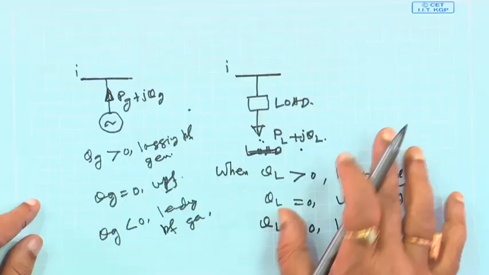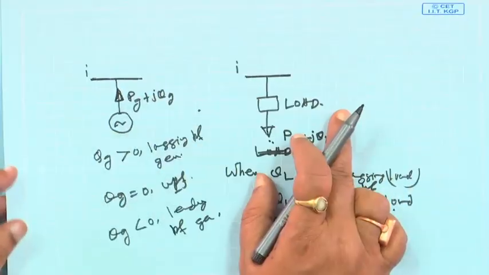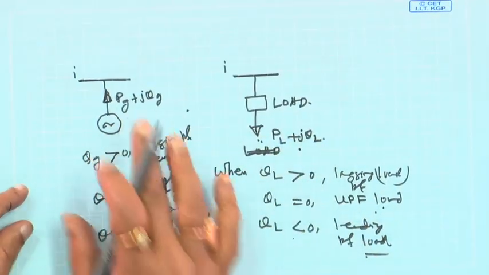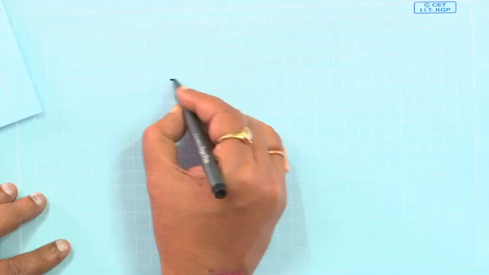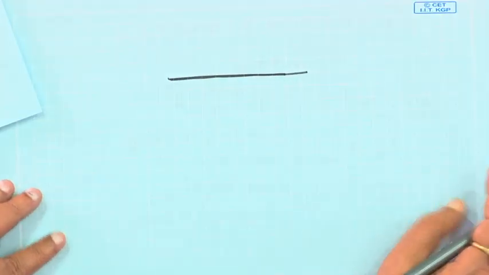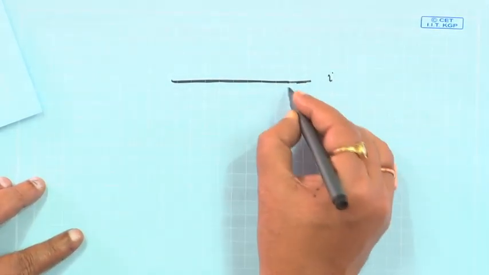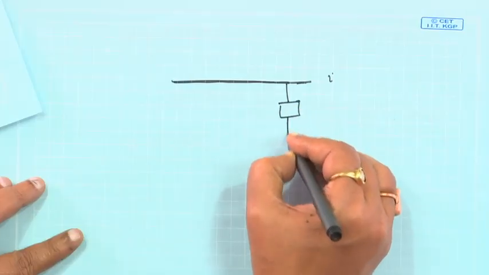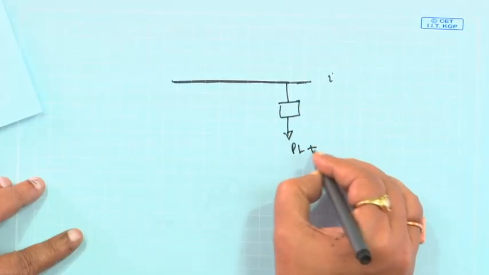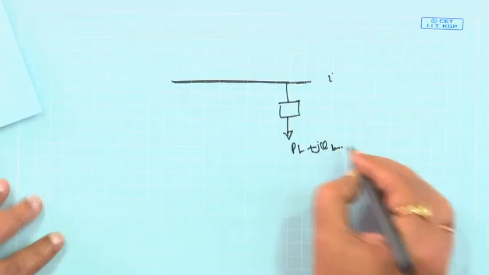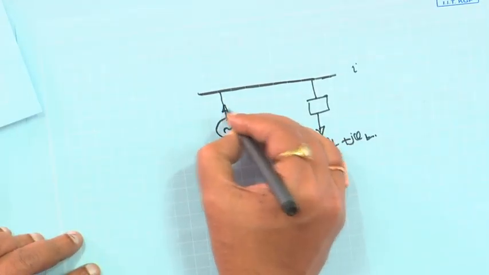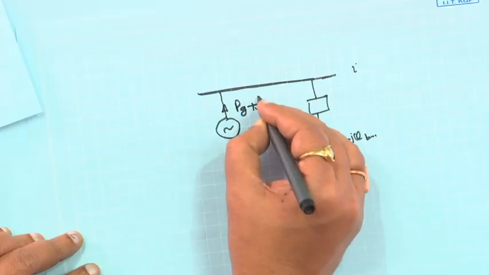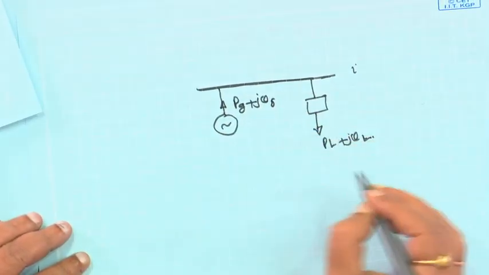Now suppose you have a common node where load and generation both are there. Suppose this is your bus bar, bus I, this is your load PL plus jQL downward, and on the same bus bar generation is connected, PG plus jQG, upward.